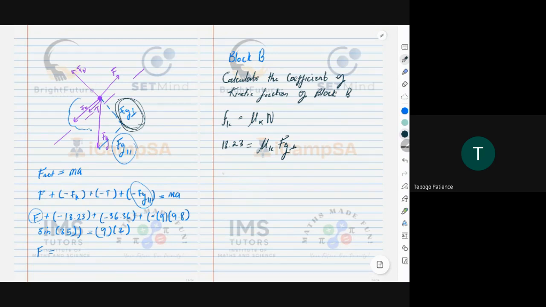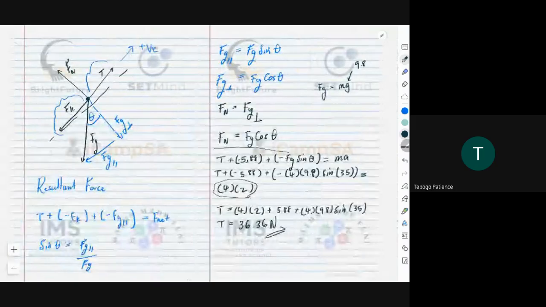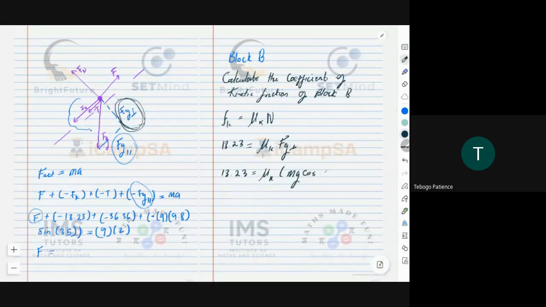And Fg perpendicular equals mu K mg, not sine, cos theta. Okay?